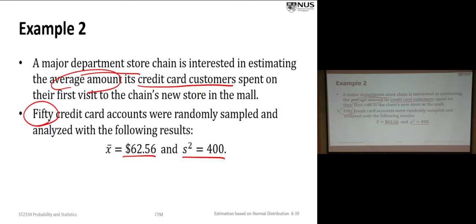So in other words, we are looking at all the customers with its credit card, and when they first use the credit card, how much they spend. So the population here is this departmental store's credit card customers.